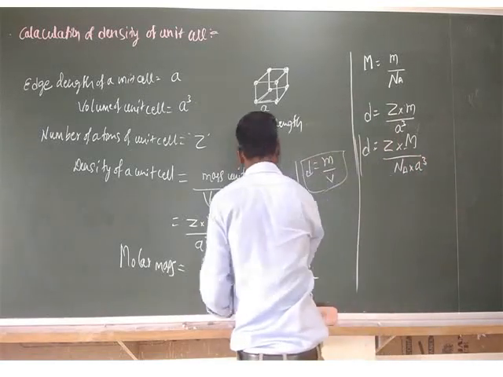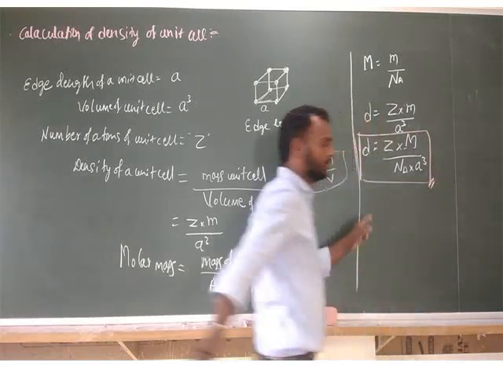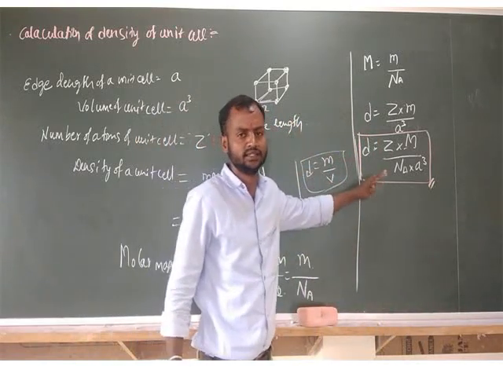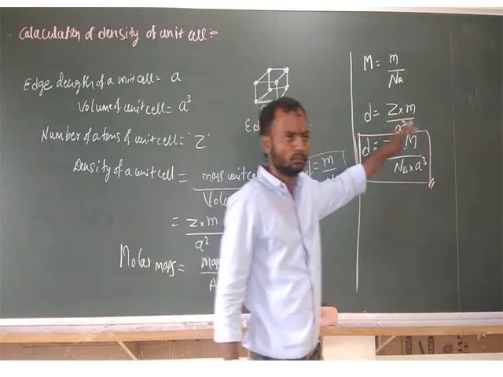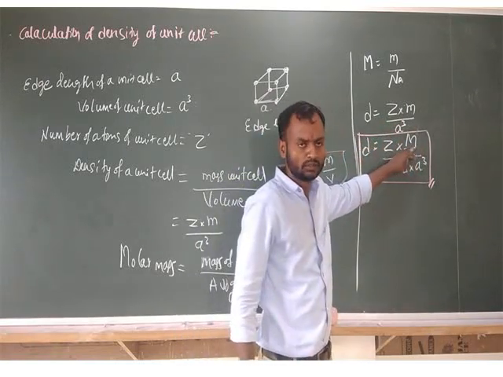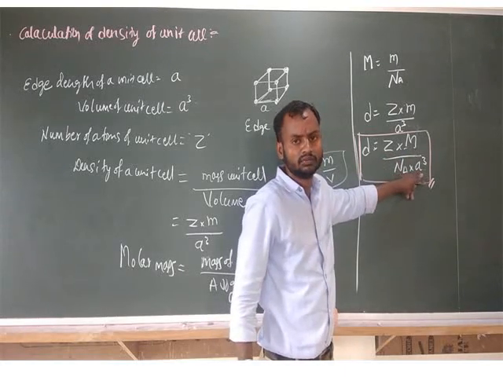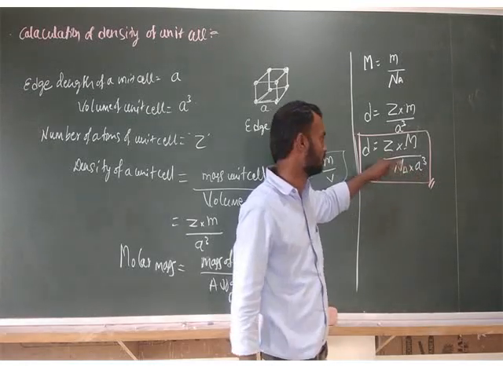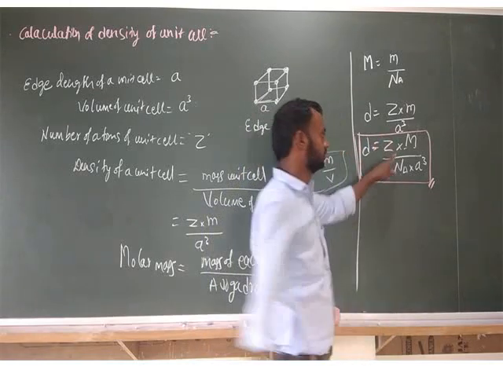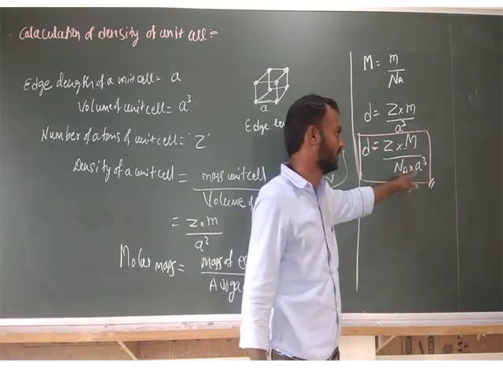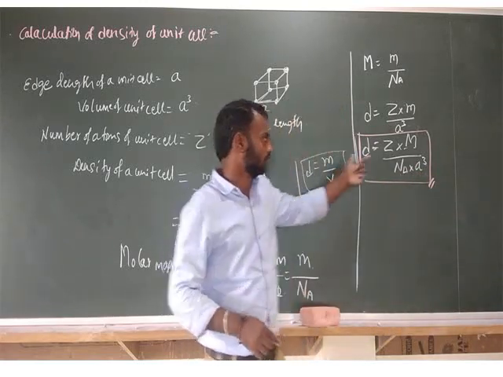This is the final equation for calculating the density of a unit cell. Density D is equal to Z into the molar mass of the atoms, divided by Avogadro's number into the volume of the unit cell. Therefore, D is equal to Z into M divided by Na into a cube.